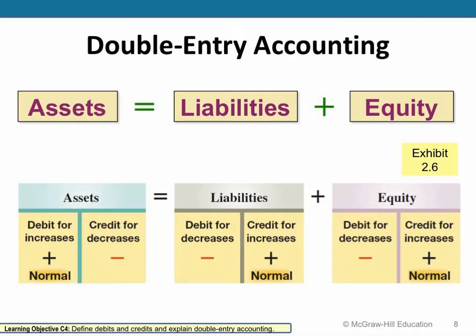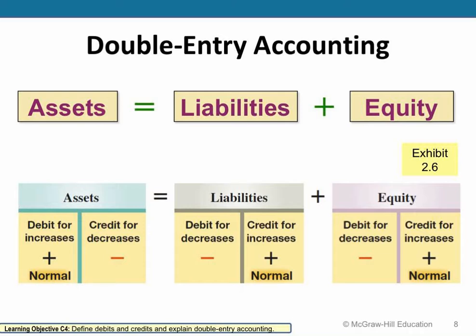Now, the thing to keep in mind is this, we're still going to refer for the liabilities and equity of the debits being on the left and the credits being on the right, but whether it's increasing or decreasing is going to be the opposite. So for liabilities, it's going to be increasing in credit. An example here is if you had a credit card, you may not have any money on the account, but by having the credit card, you're allowed to go out and charge money.